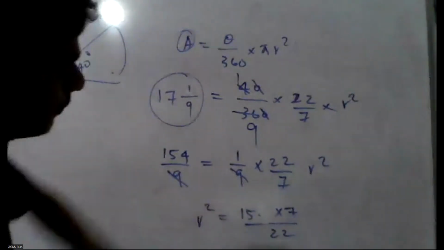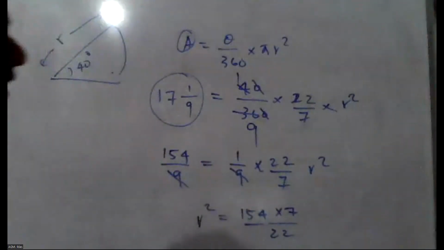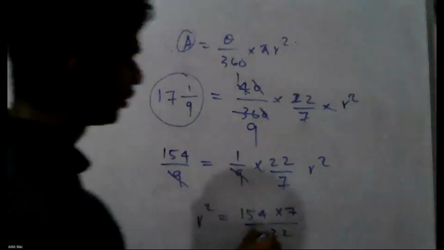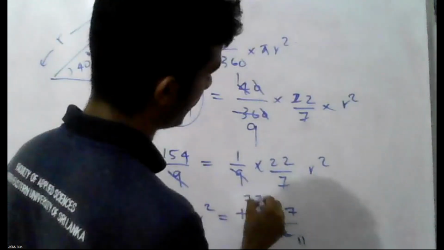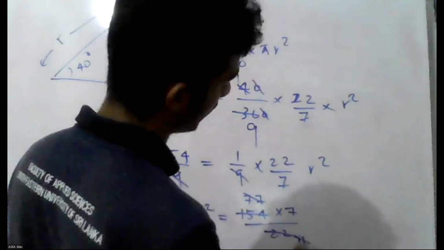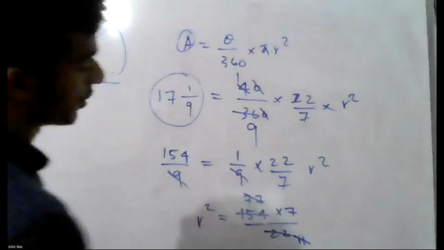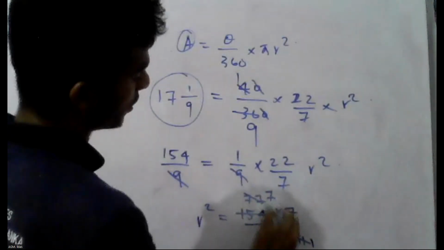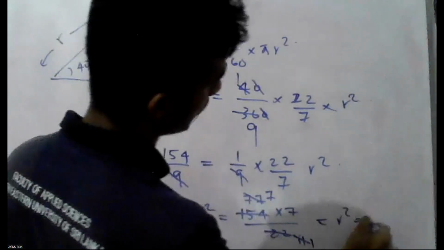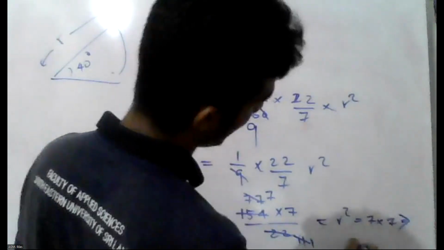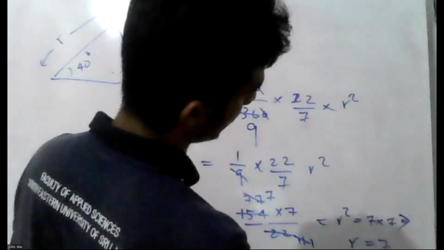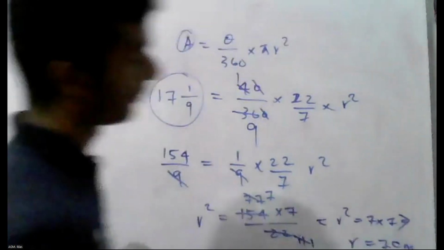If I simplify it by 2, I receive 11 and here 77. Here I can simplify by 11. So I receive 1 and 7. So here r squared is equal to 7 into 7, hence I can say r is equal to 7 centimeter.